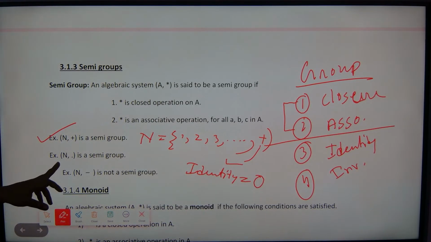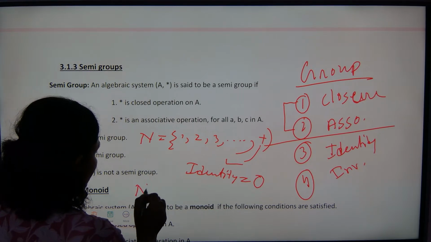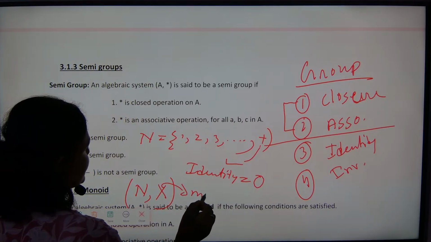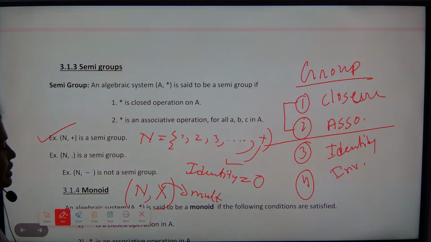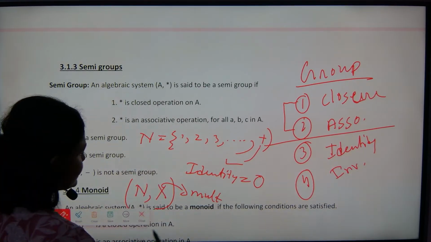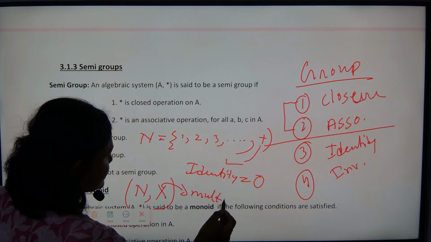Next, (N, ·) is also a semigroup. N dot means N with the multiplication sign. Dot means multiplication. See one thing, closure, identity. What is the multiplicative identity?